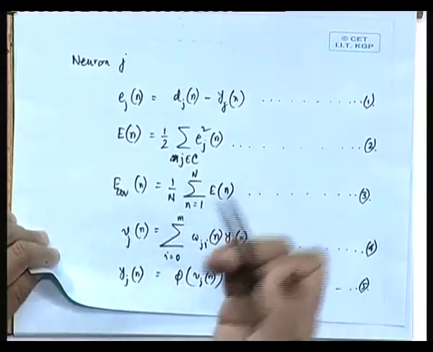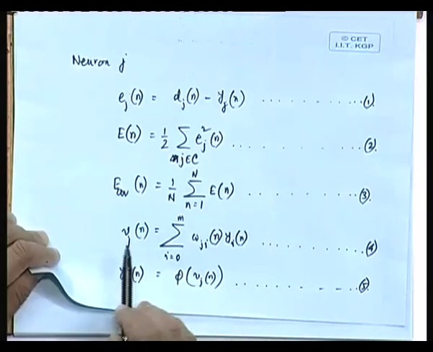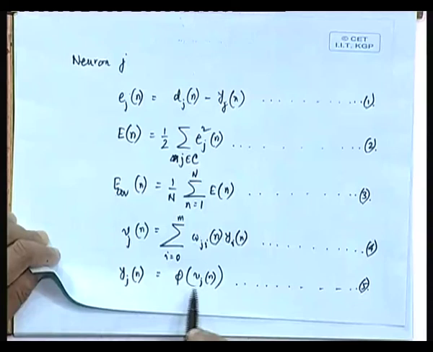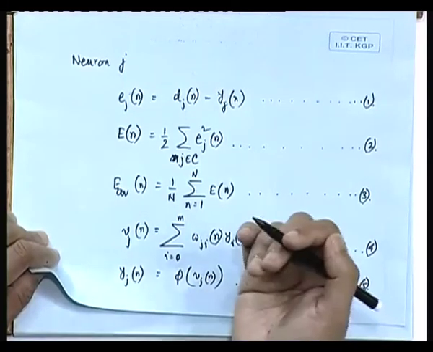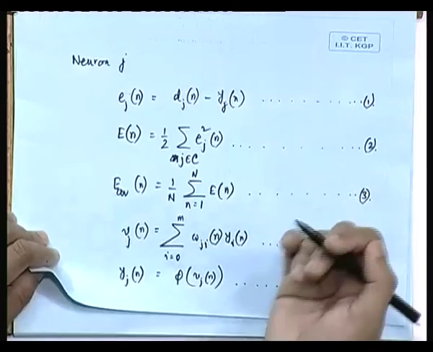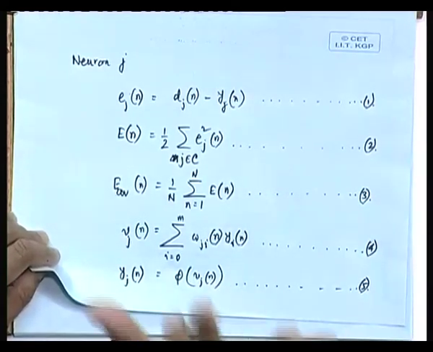Then we follow it up with dou Yj with respect to Vj, where we get the term phi dash Vj of n, where phi dash is the derivative of phi Vjn with respect to Vjn. And then we take the last term as dou Vjn with respect to dou Wjin. That completes my chain rule of differentiation.